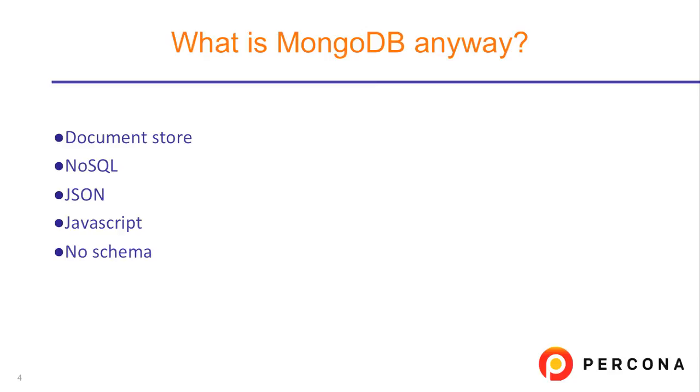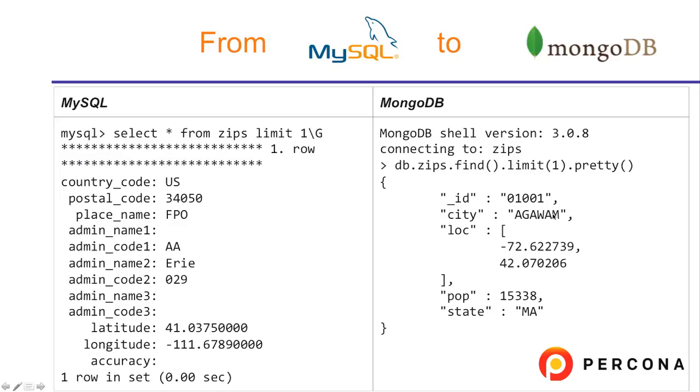All right, so let's start. In MySQL, we start with a select. In MongoDB, this is what we have. We use this notation, and we use the dot notation to communicate with the server. Here I have connected to the Mongo shell, and this is version 3.0.